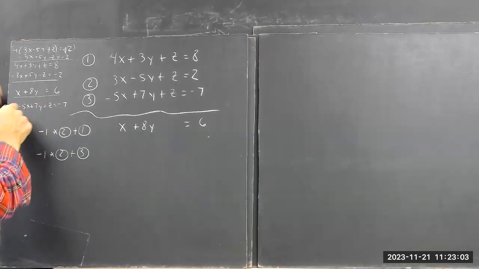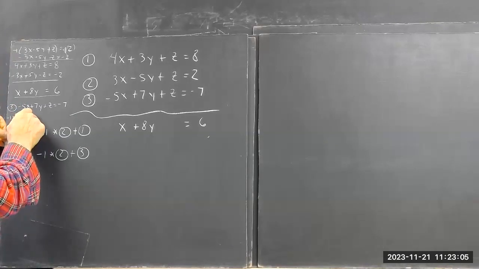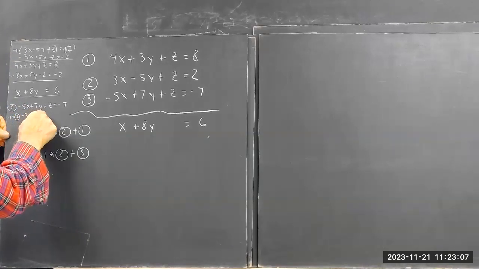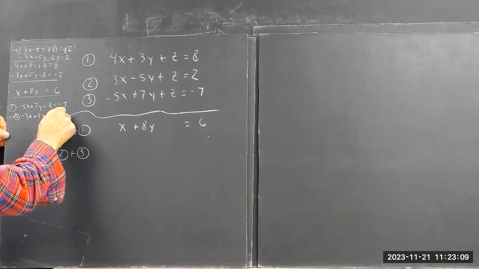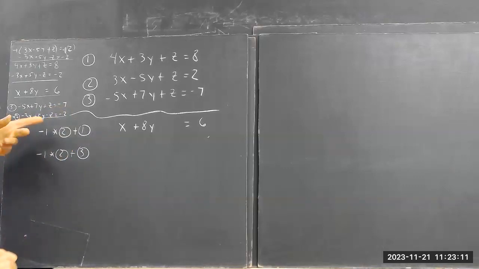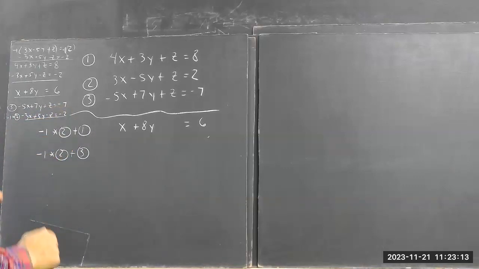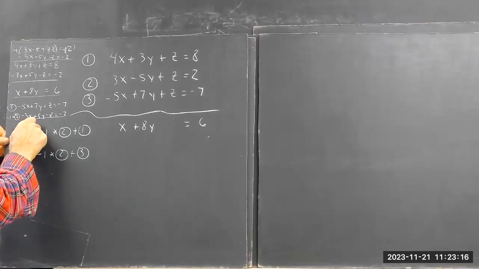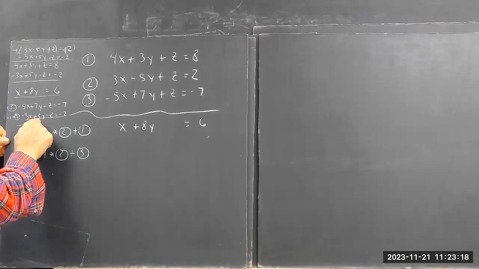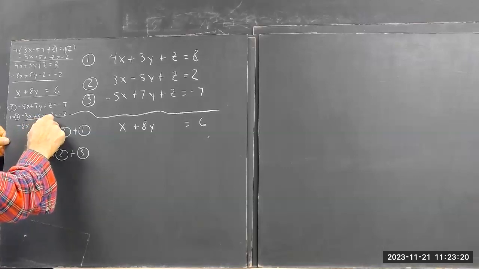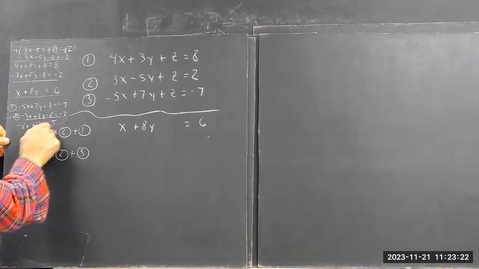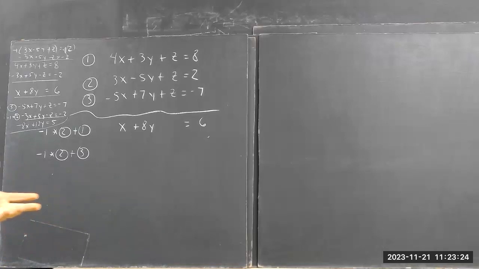You can't read that, but there it is. And it's what we did here. We got -3x plus 5y minus z equals -2. We add those together and we get -8x plus 12y equals 5. Okay.